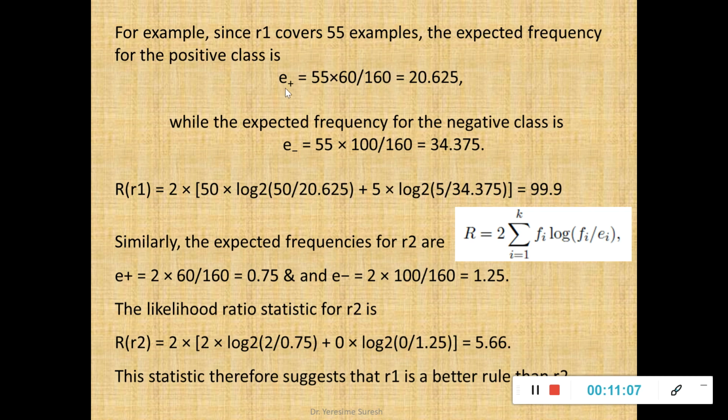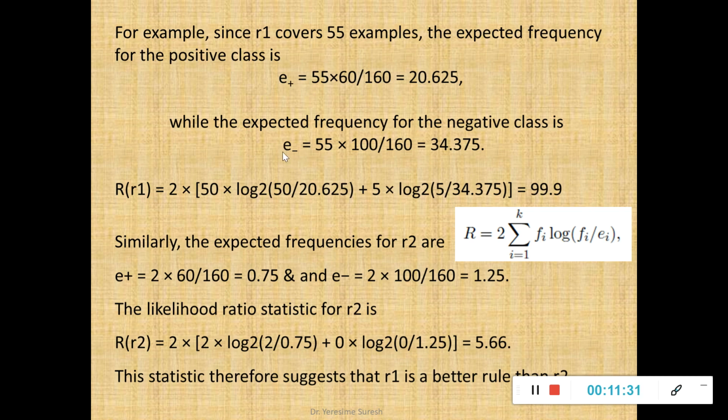So for any rule, how do we find the positive expected frequency? The total number of instances covered is 55, into the total number of positive instances in the training set, 60, divided by the total number of instances in the training set, 160. So I'll get the expected frequency for positive instances as 20.625.